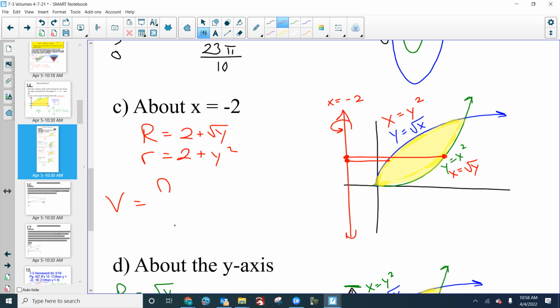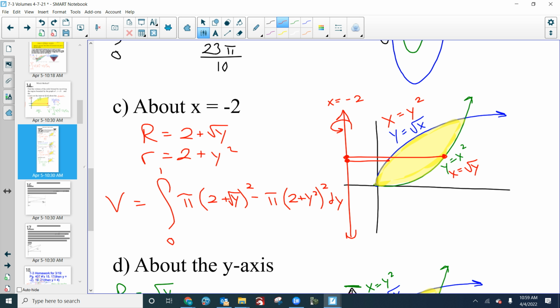Volume 0 to 1. Pi outer radius squared minus pi inner radius squared dy. Have you noticed we need to be very careful with the parentheses here?